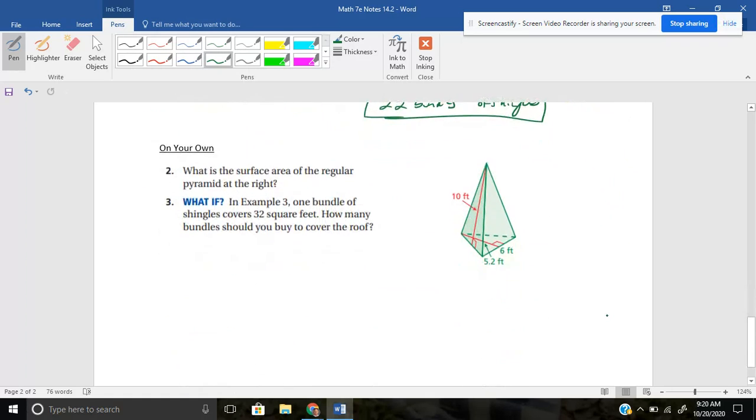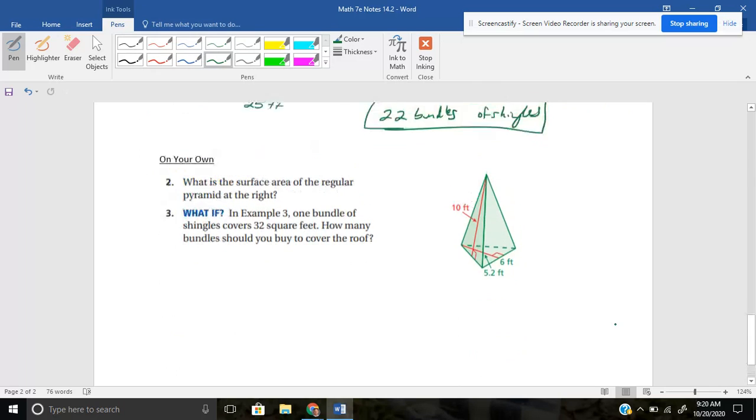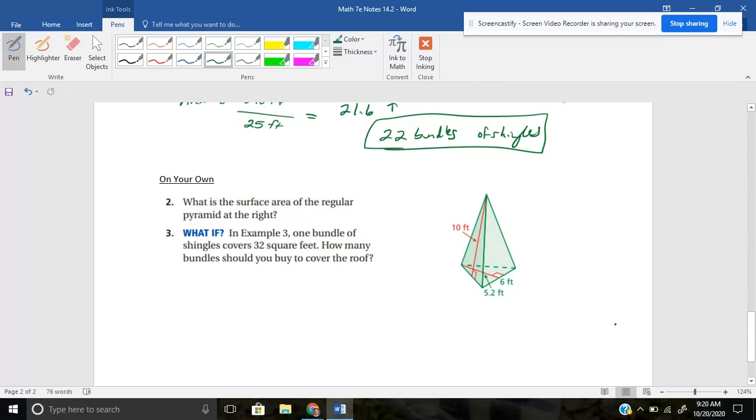All right. Go ahead and pause the video here to try the last two on your own. Okay, for number 2, it says the surface area of the regular pyramid at the right. So this green one over here, realize it's a triangular pyramid. So 3 lateral faces and the base is a triangle.